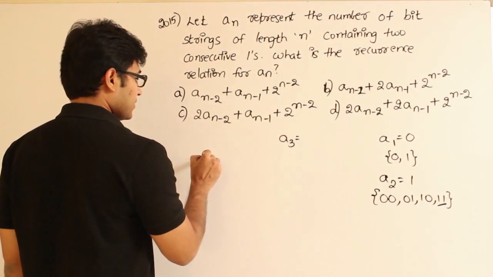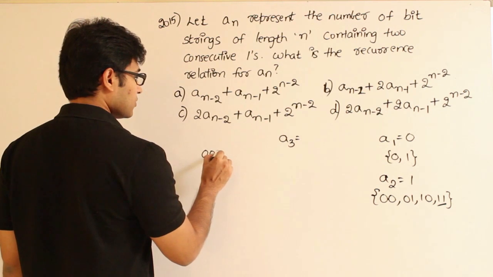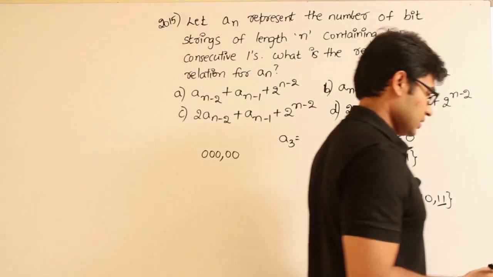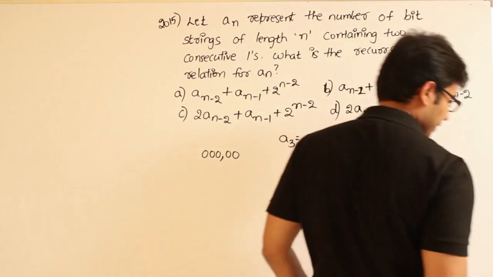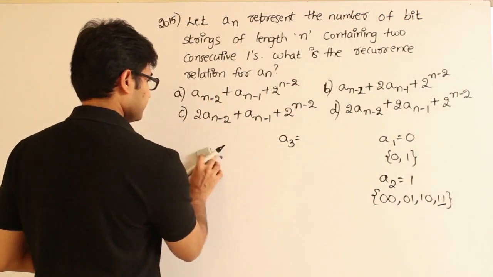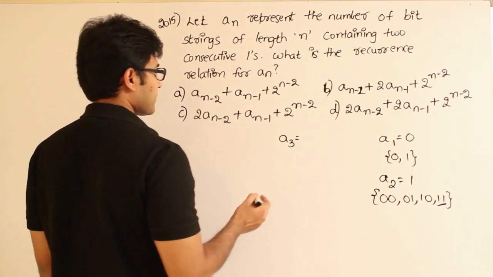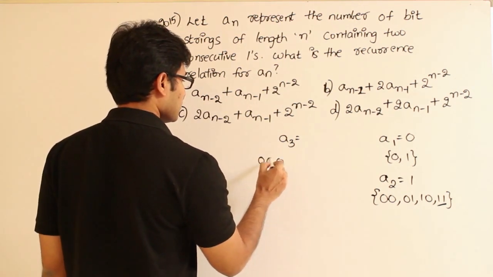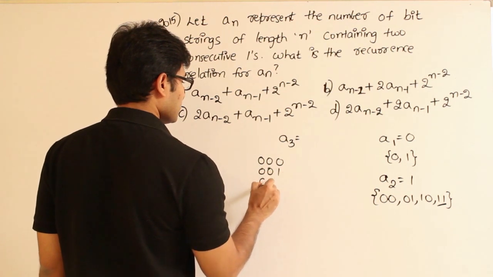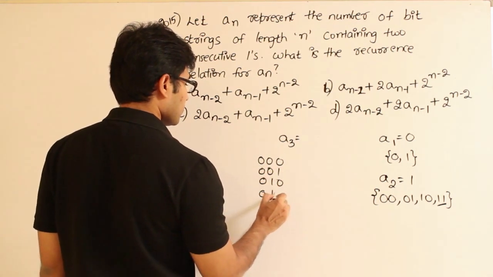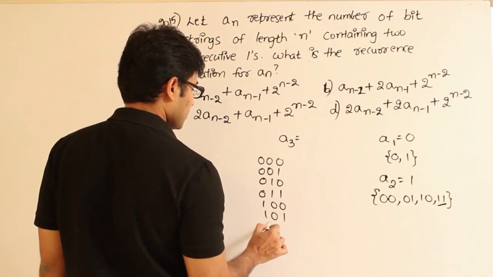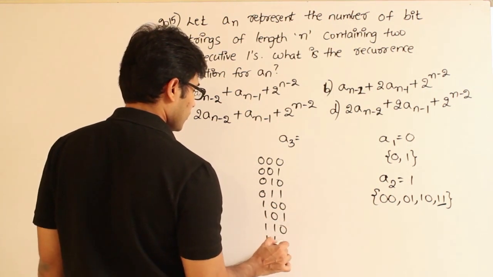Let me do it in table form so that I can expand it to a4 as well. So 000, 001, 010, 011, 100, 101, 110, 111.